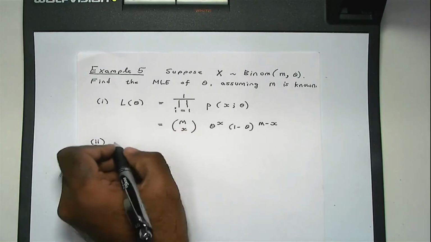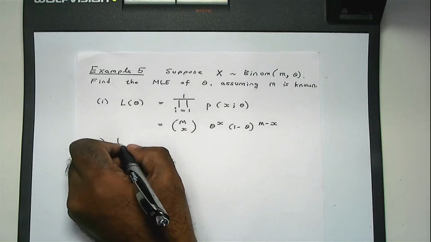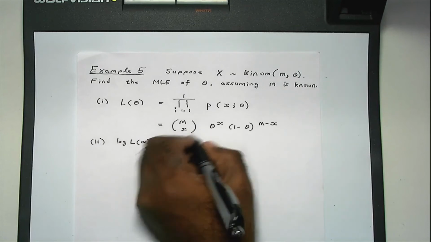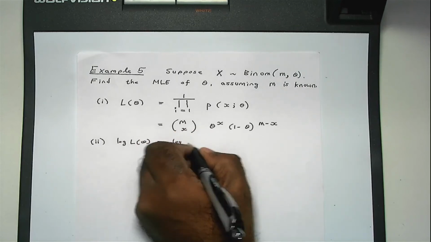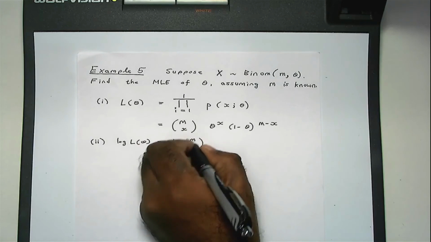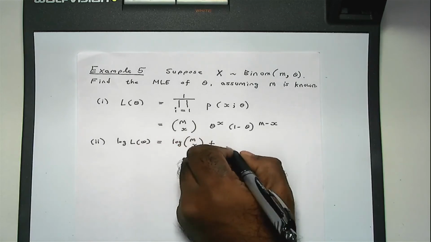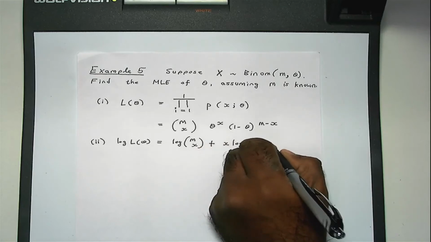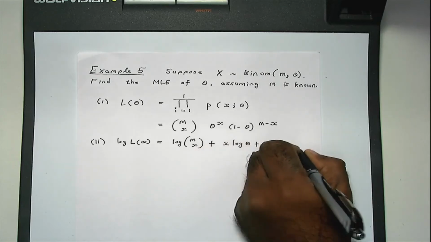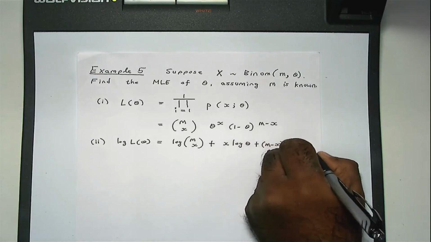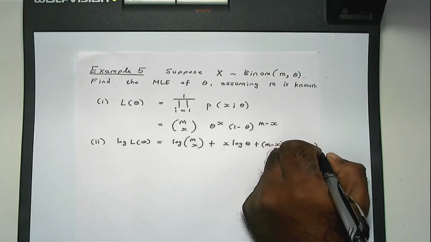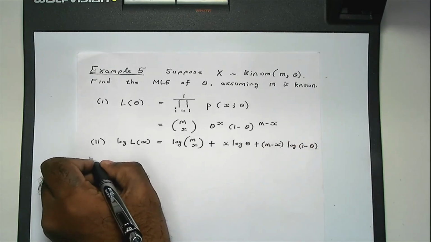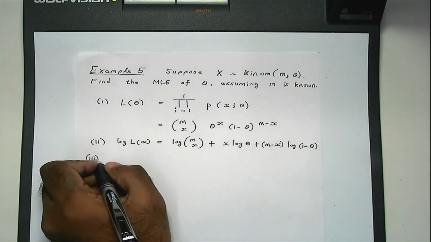The second part is to take the log of the likelihood, which is the log of this. And the third part is to take the derivative.